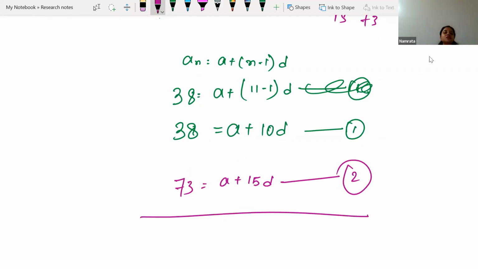The best method is the elimination method, which says subtract them and a will go. Similarly, here we will have 10d minus 15d, that means minus 5d. Here you will have 38 minus 73. So we just need to do the subtraction. So minus 35.